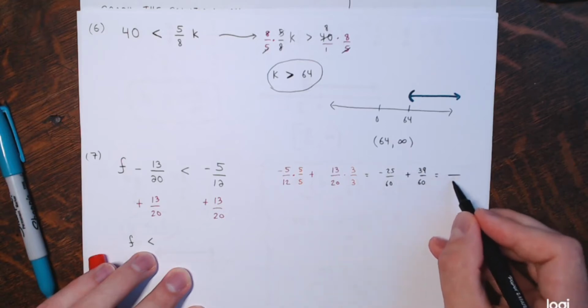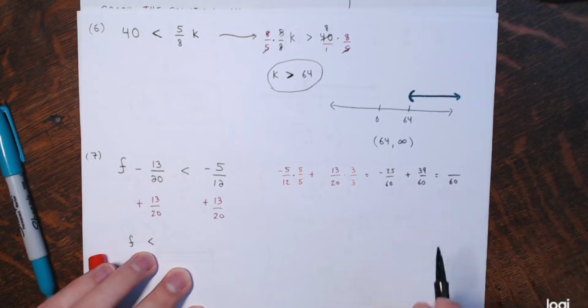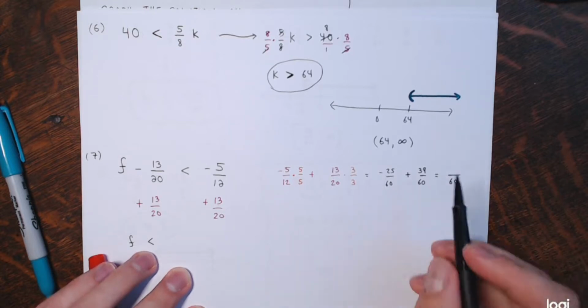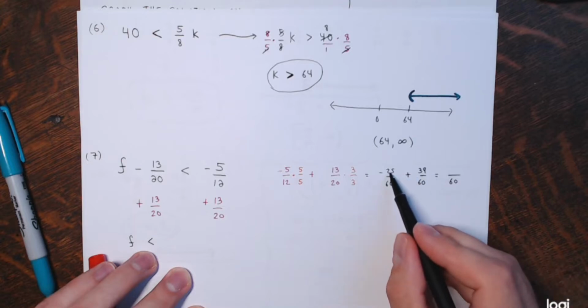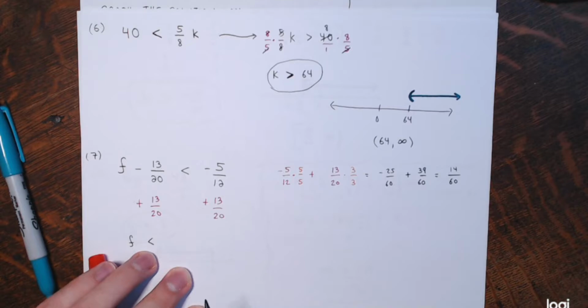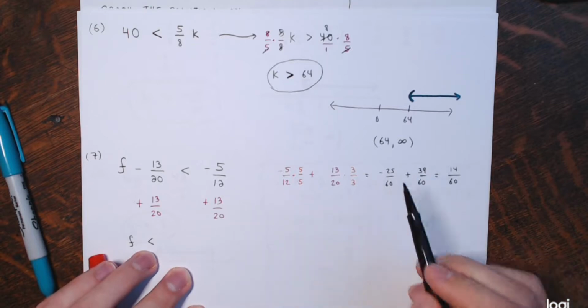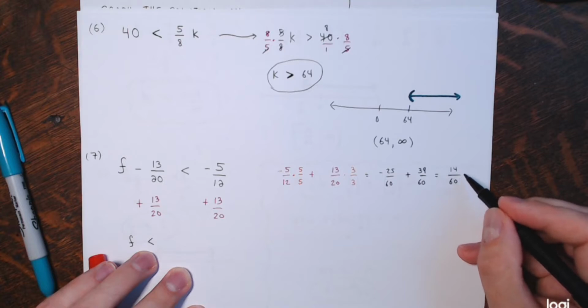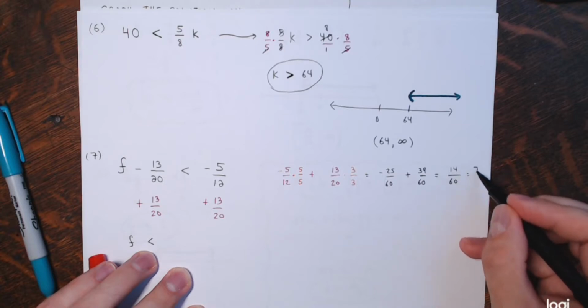And they have this common denominator of 60, right? When you add and subtract, that common denominator stays. And you just combine the numerators. Negative 25 plus 39 is 14. All right, or 39 minus 25 is 14. And 14/60 reduces, right? This is 2 times 7. This is 2 times 30.